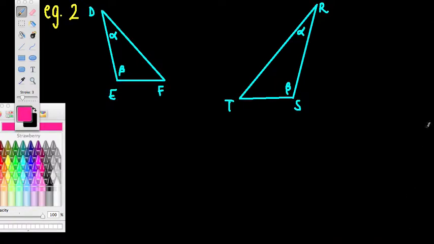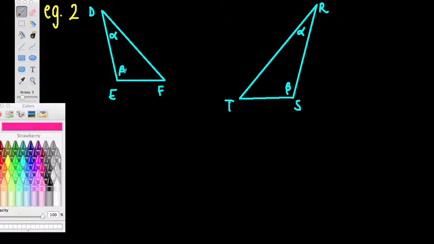Last one. Okay, this one's a little bit trickier because as we can see, the triangles are not drawn the same way around, are they? This one's sort of got the longest side facing up that way, whereas this triangle's got the longest side on the opposite. This triangle's actually been reflected to get that one, switched it around.